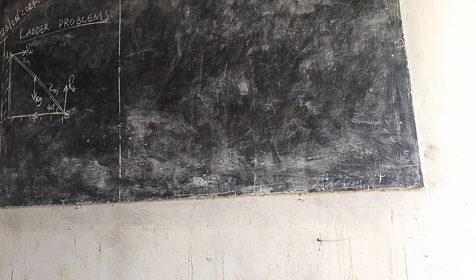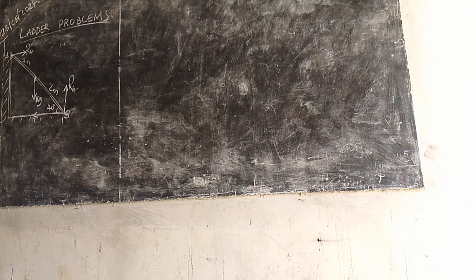So this guy is in equilibrium. For equilibrium, sum of the upward forces must be equal to sum of the downward forces. It is in equilibrium because it is being supported to be maintained in a vertical plane.